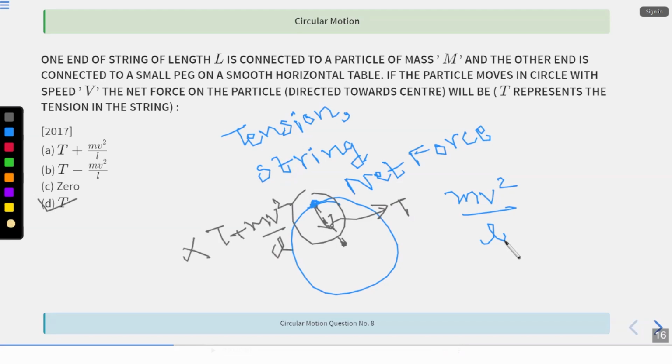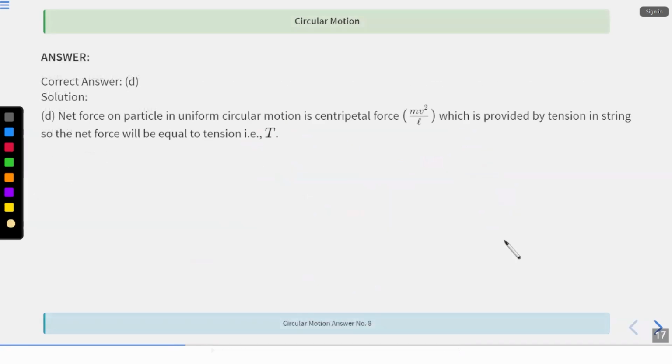Because here we are talking about the net force of a uniform circular motion. And in a circular motion, there has to be an exterior force. Okay. So therefore, the option is D.